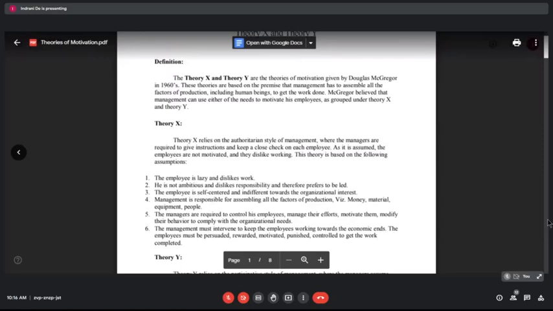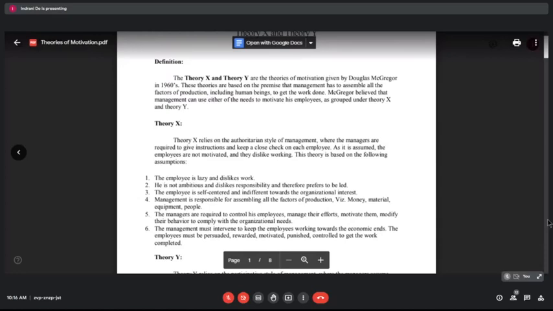That is not there. What is there? These people are lazy. These people do not love to work. They do not prefer to lead some team.